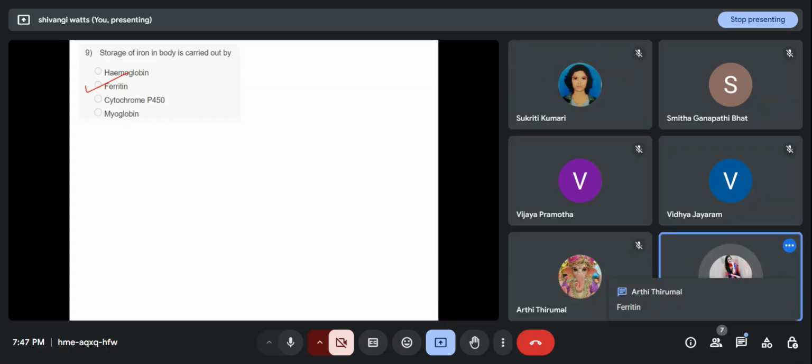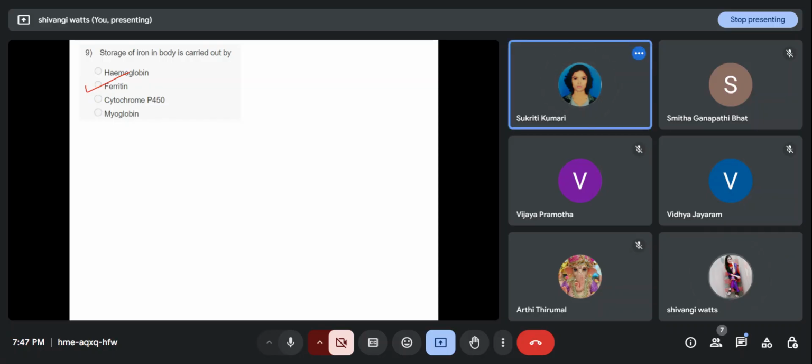If we will ask about the transportation of iron in body, it is carried out by transferrin. But if they will ask about transport of oxygen in human body, it is carried out by hemoglobin.